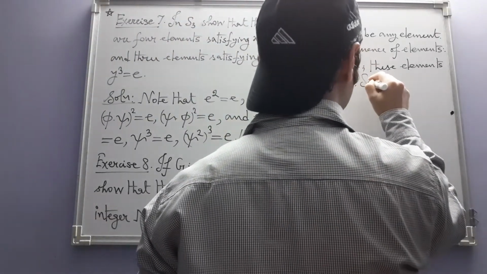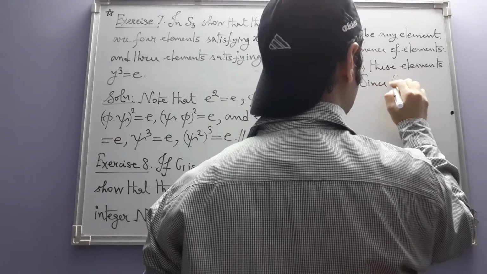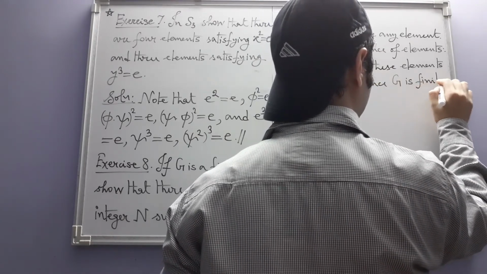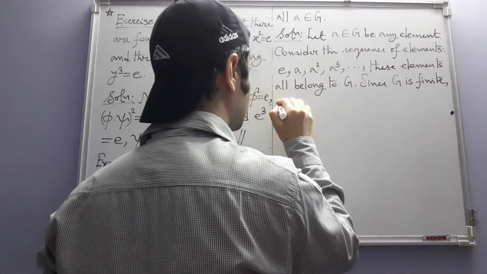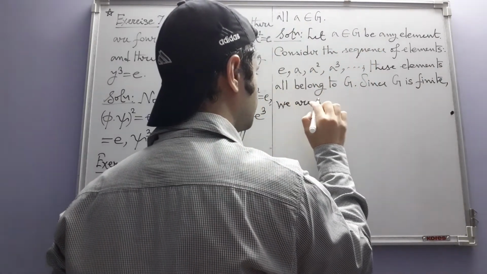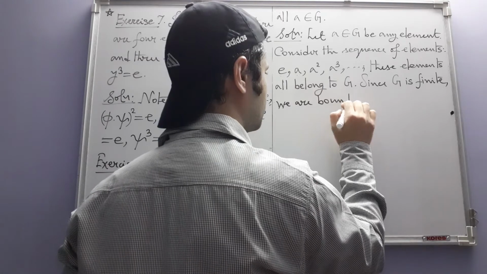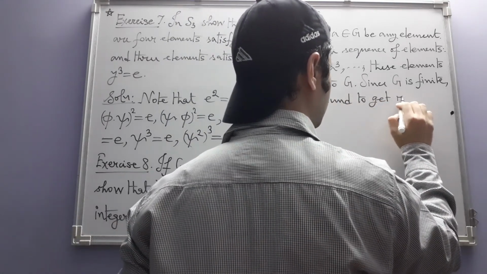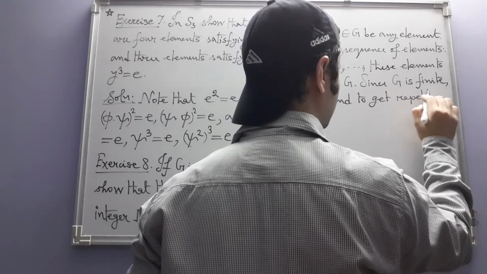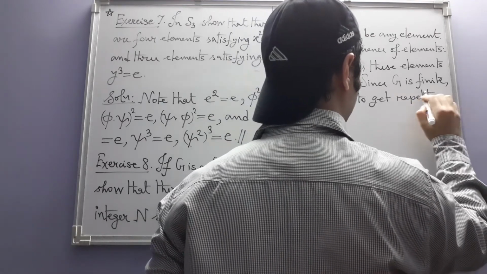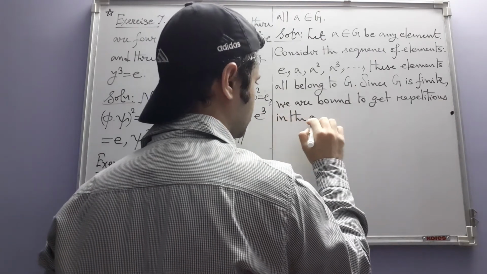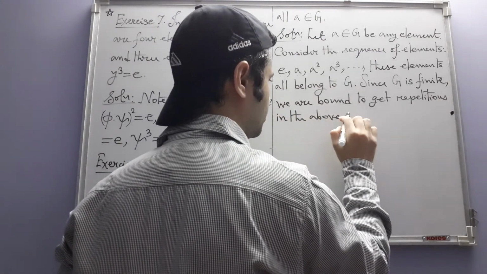So since G is finite, we are bound to get repetitions in the above list.